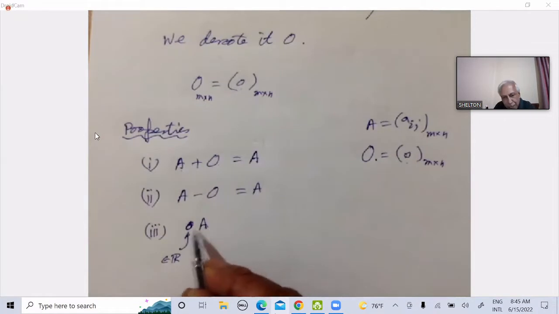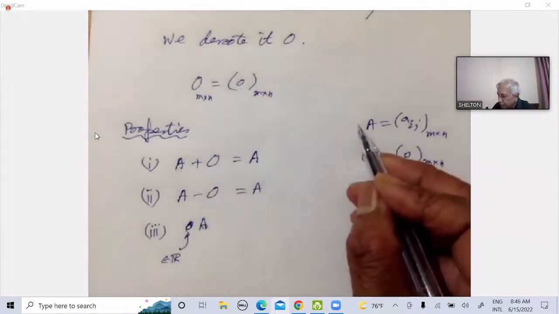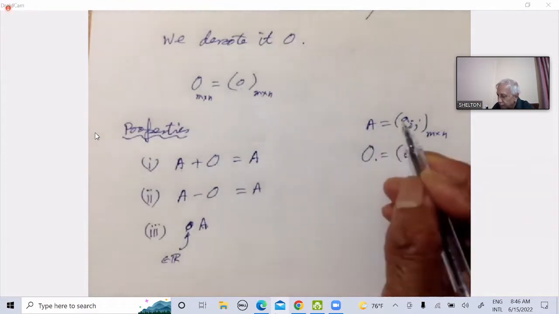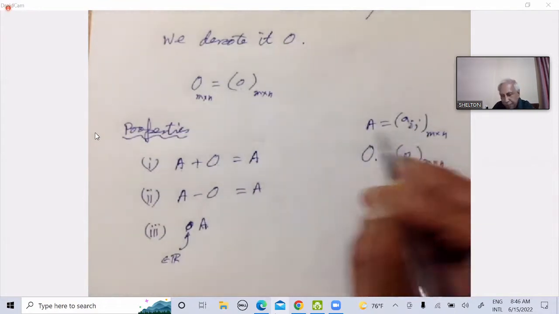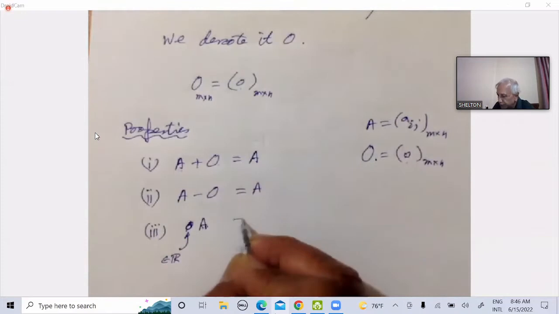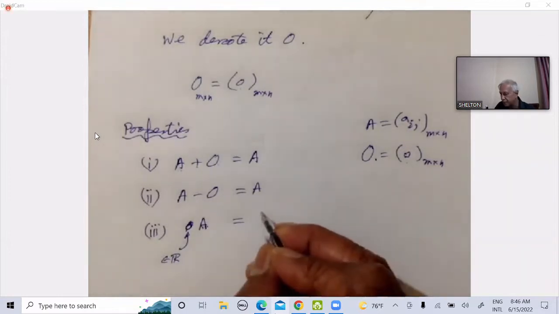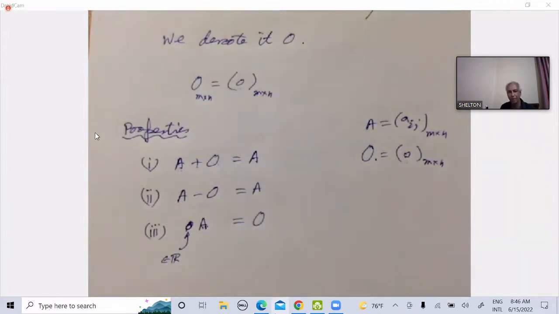You have to multiply every entry in A by that number. So if I multiply this by 5, it is 5 Aij. Every entry gets multiplied by 5. Now if you multiply every entry of A by 0, every entry of A becomes 0. So this is the matrix O.